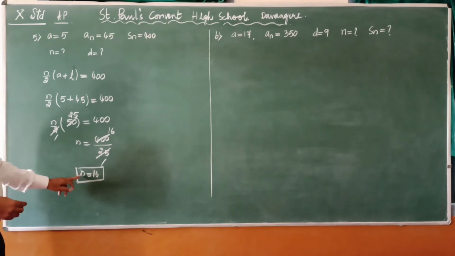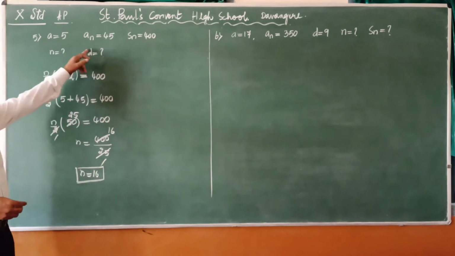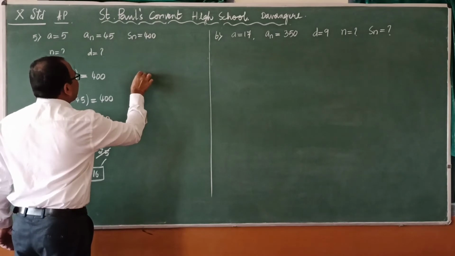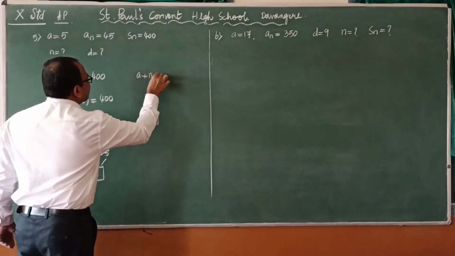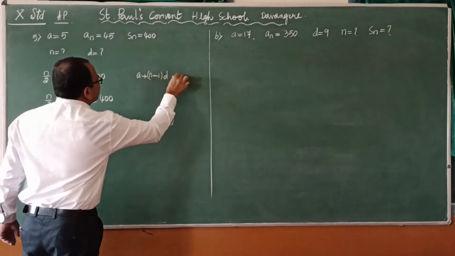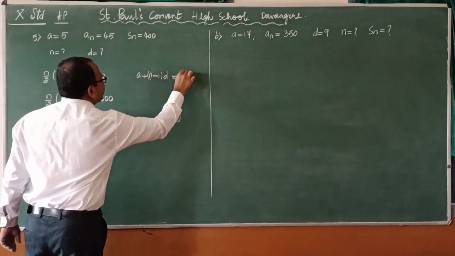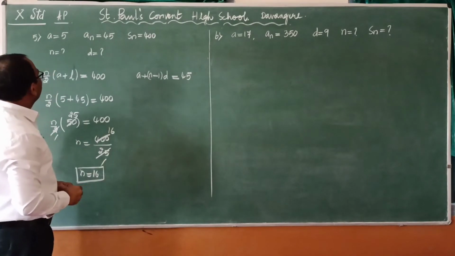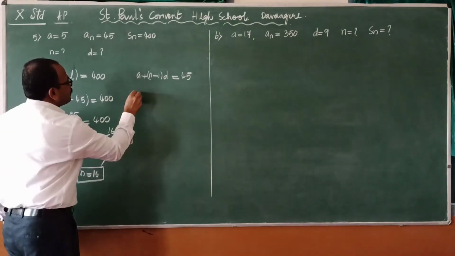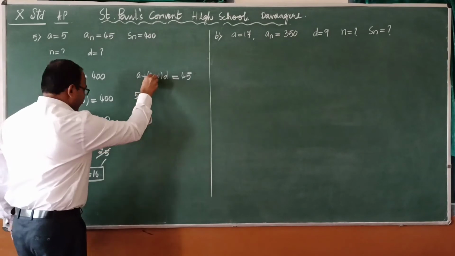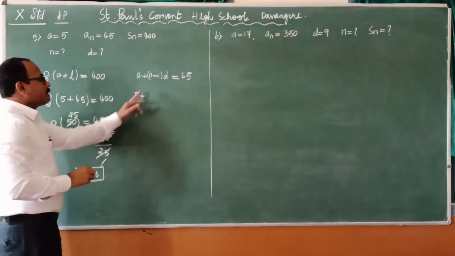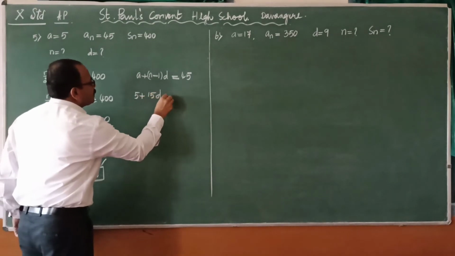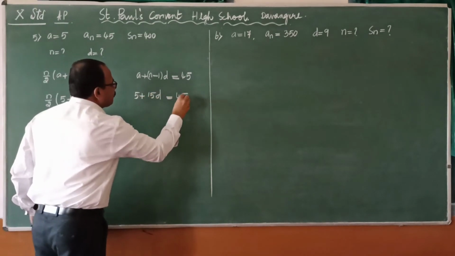Next, we know n. Let's start with an, children. We know that a plus n minus 1 into d will be equal to this 45. See how to proceed, children. A we know is given, children. 5, n is 16. 16 minus 1 becomes 15, into d is equal to 45.